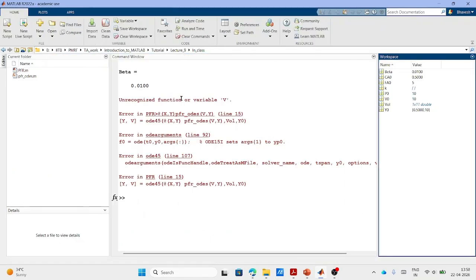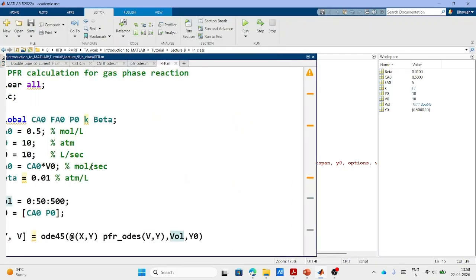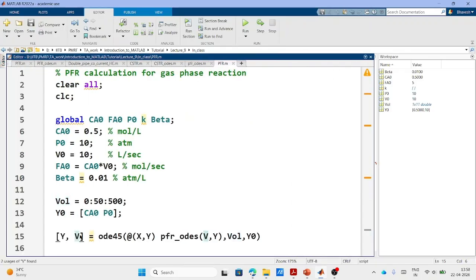Still some error, unrecognized variable V. This is volume and Y, V comma Y. Here it's V and Y. Yeah. Now it should work.